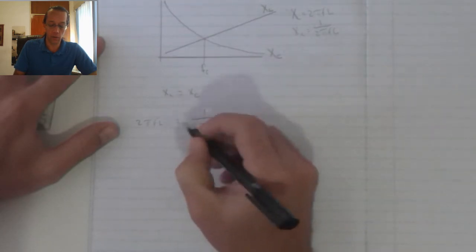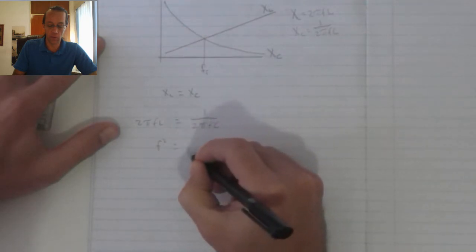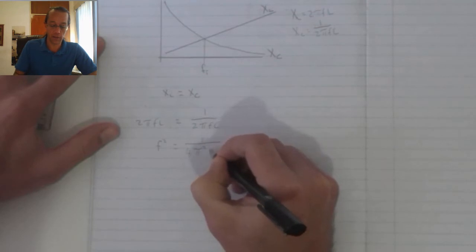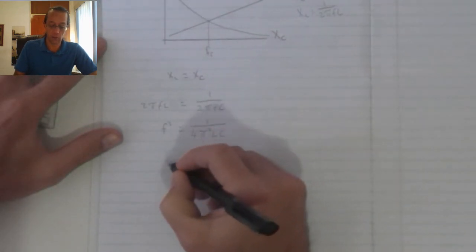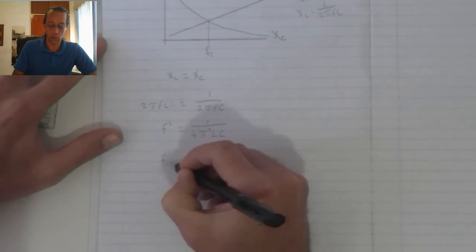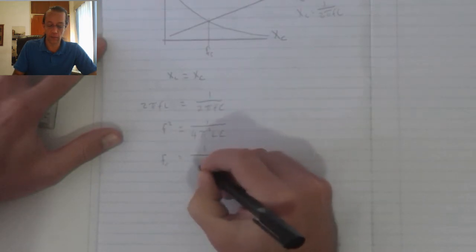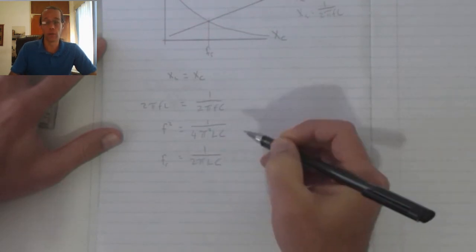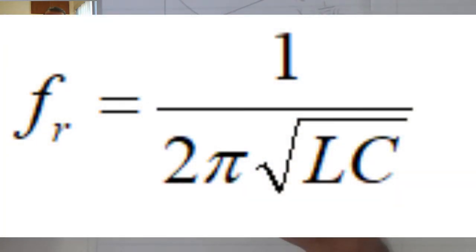So if I move the frequencies to the one side, frequency squared is equal to 1 over 4 pi squared times L times C. And if I then root both sides, I get 1 over 2 pi times the square root of L times C. And that is where the resonant frequency formula comes from.